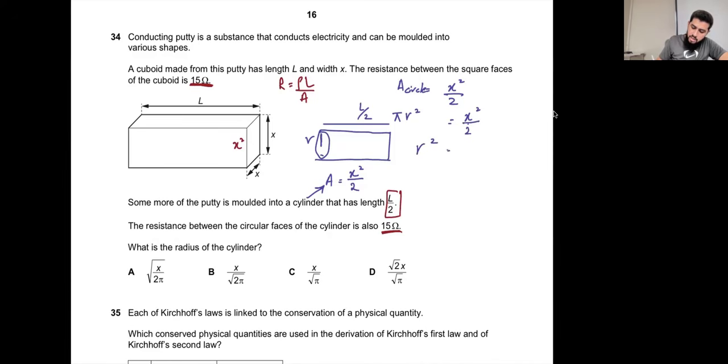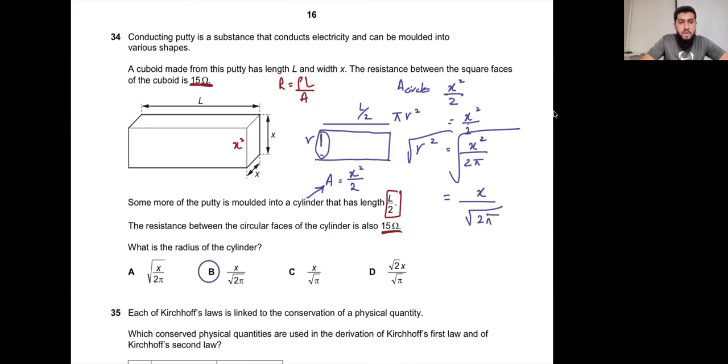R squared is equal to X squared upon 2 pi. Square root both sides: r is X upon under root 2 pi. Do you get it? Good question. Prone to making mistakes.